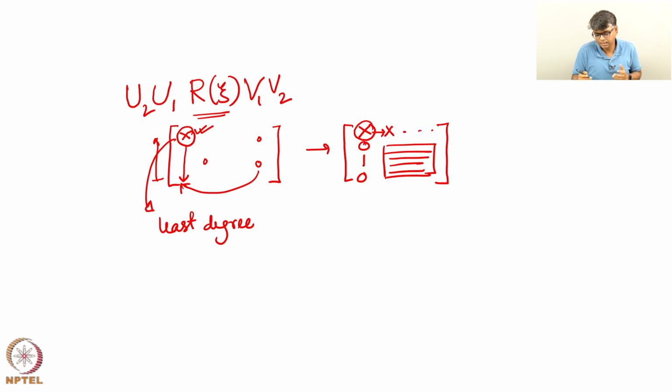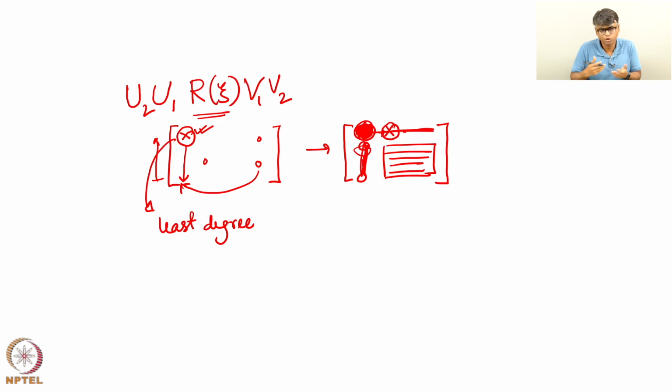The catch is that each time you divide and then bring the least degree element to this location, the degree at this location will reduce after each cycle. You can keep on doing this as long as any of these entries are nonzero. When you are dividing, this structure may get hampered, and things will appear here itself. But it doesn't matter. Each time you are doing this, the degree is strictly reducing.